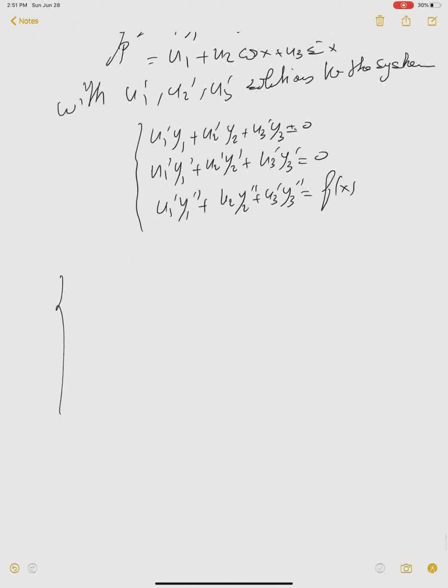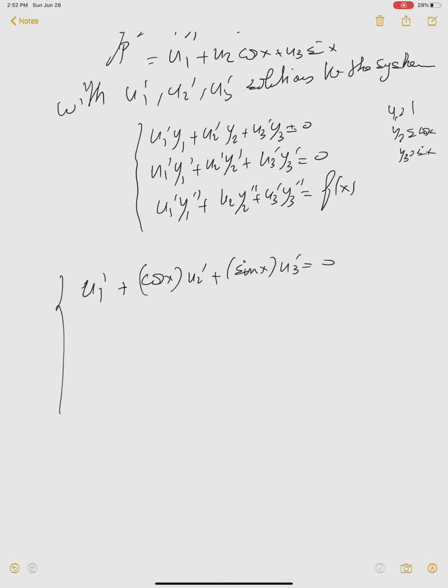So now let's plug in your y1. So this is 1 times u1 prime plus cosine x u2 prime plus sine x u3 prime equal to 0. Now what's the derivative? Remember, y1 is 1, y2 is cosine, and y3 is sine.